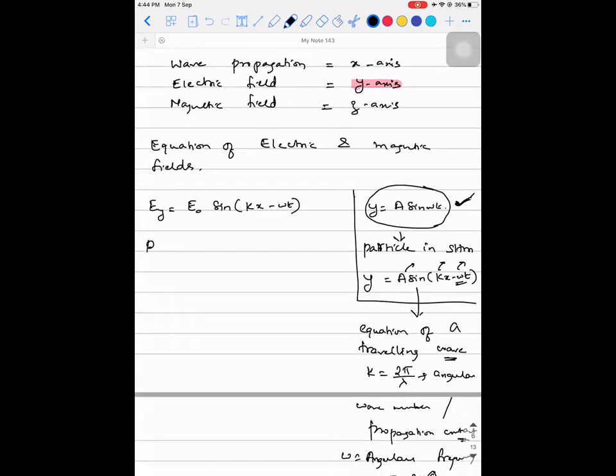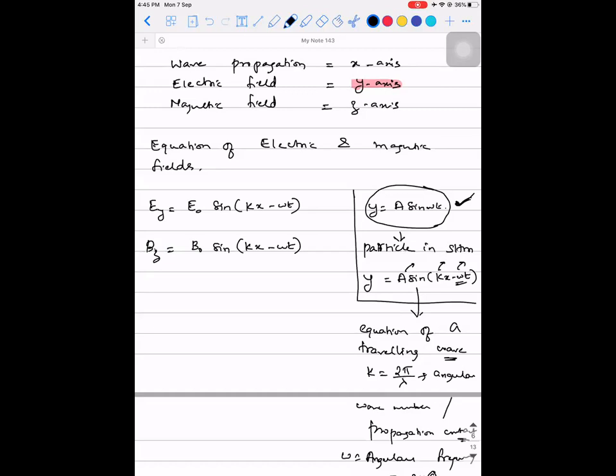Similarly, what will be the value of Bz? B naught sine of kx minus omega t. There is a mistake in this equation, correct it. It should be Bz. That's right.